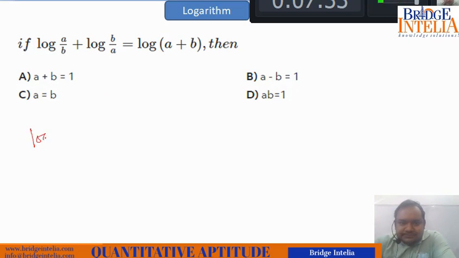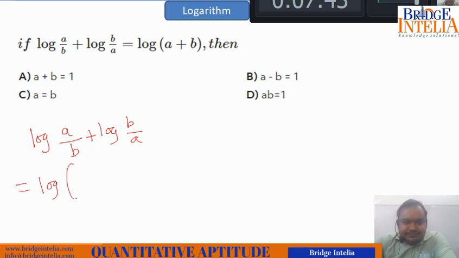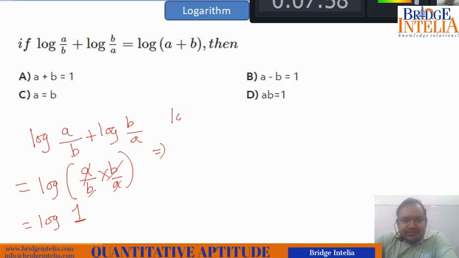So log a by b plus log b by a can be written as log of a by b into b by a, which is equal to log of 1. So what is given to us? It is given to us that log of 1 is equal to log of a plus b.